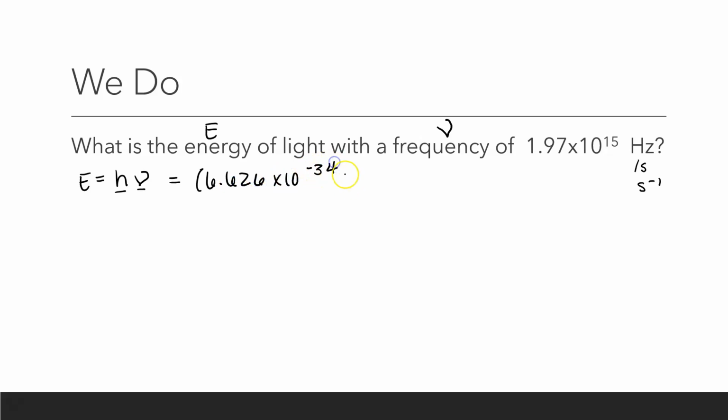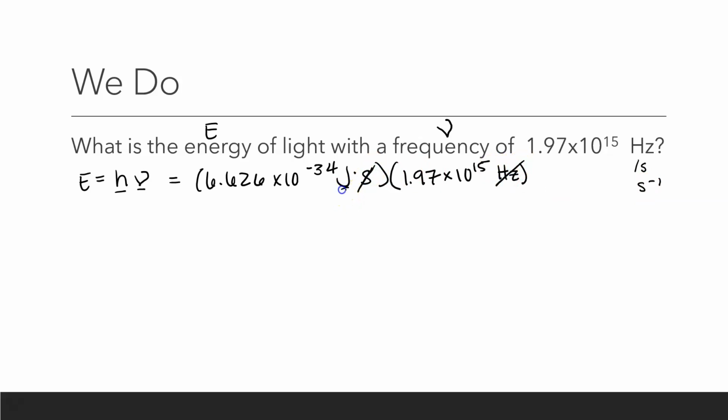Planck's constant is 6.626 times 10 to the negative 34 joule seconds. And then the frequency was given to us as 1.97 times 10 to the 15th hertz. Hertz is per second or seconds to the negative first power. That cancels this second.